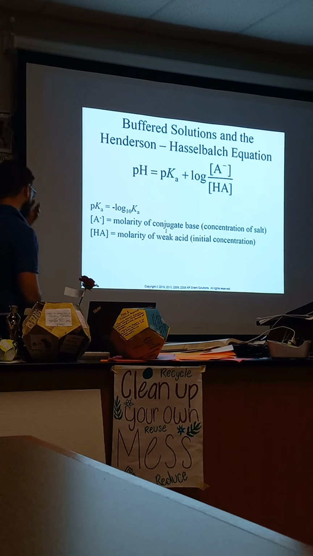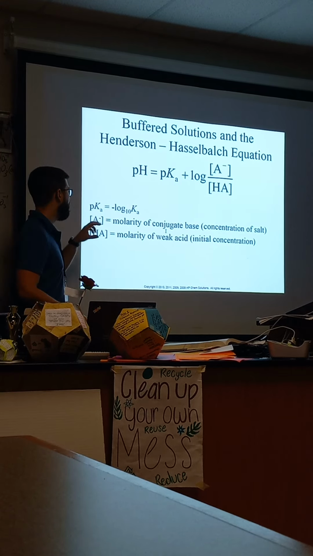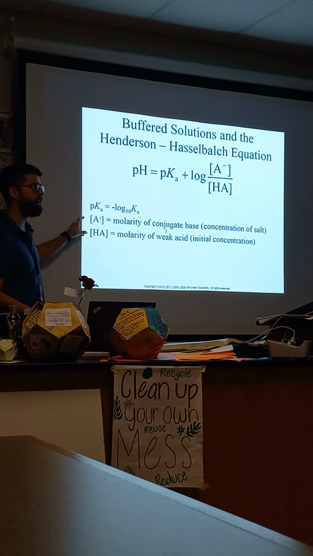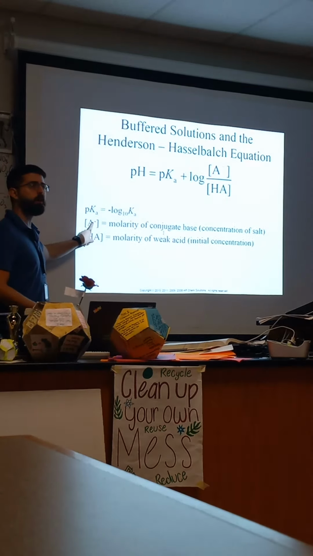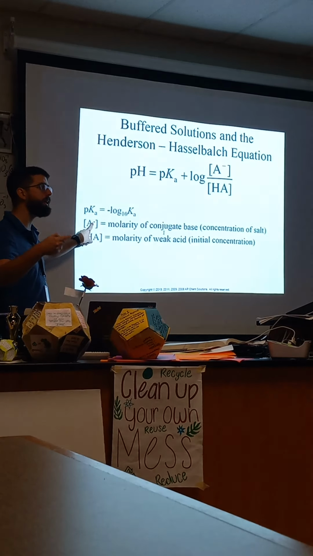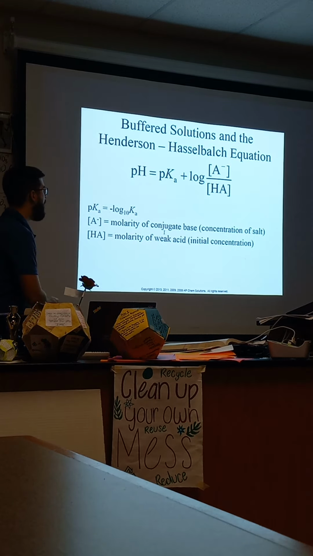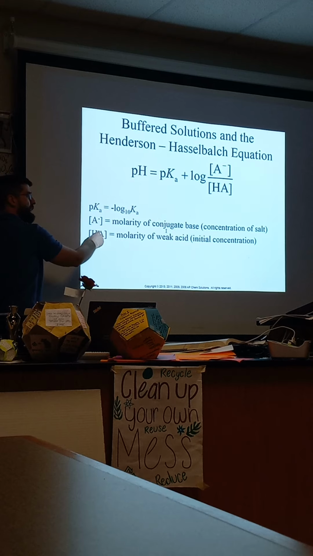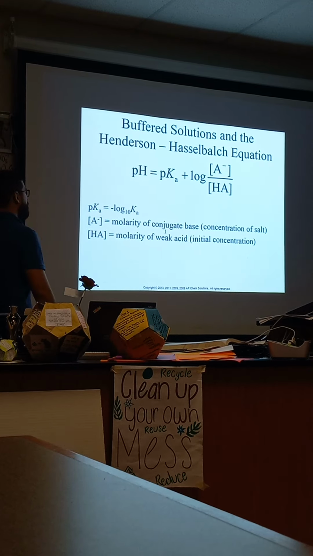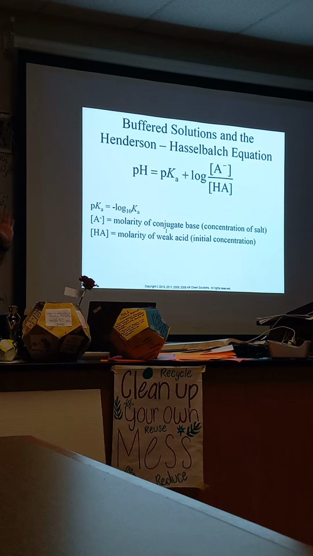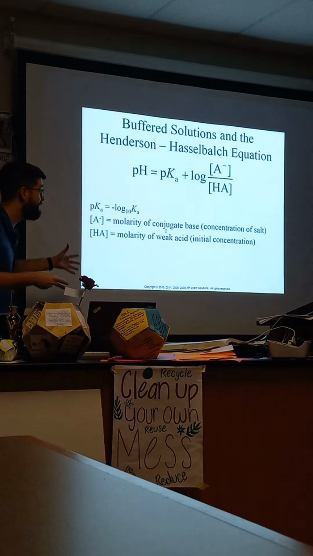Alright, so these conventions are the main thing you have to be ready for. A and HA, are either of these going to be strong? No, they're both going to be weaklings, conjugates of each other. And you know, because that A represents the common part, right? Okay, and the part that has the H on it is obviously which version? The acid. And the part without the H is obviously the base.